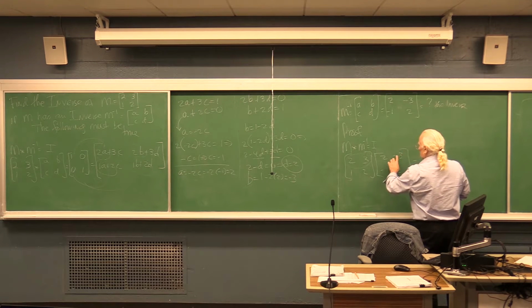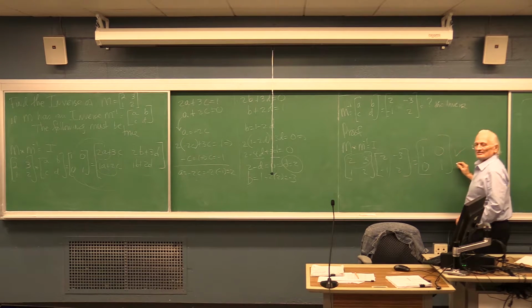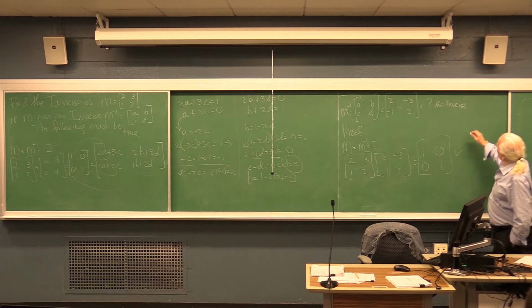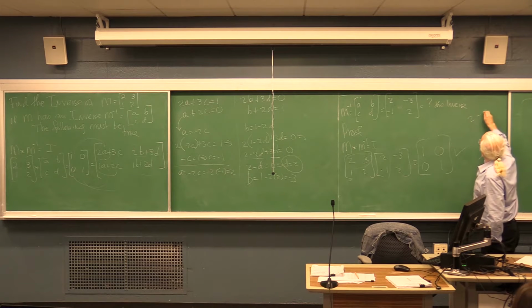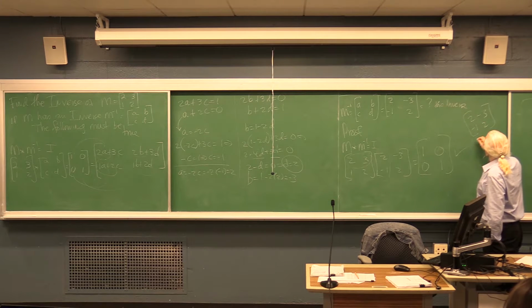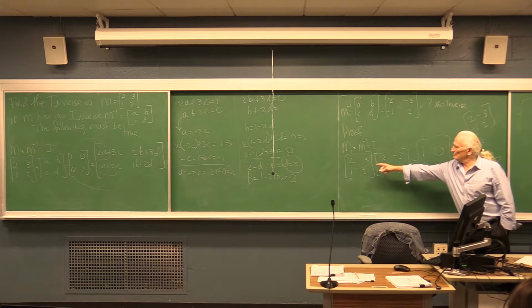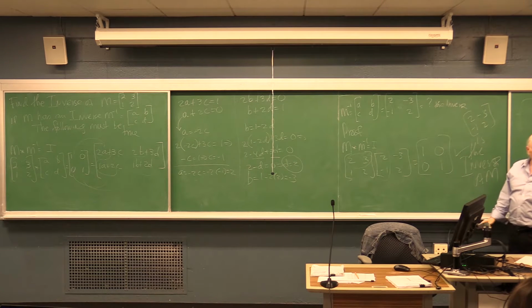Then this times that will be -6 plus 6 or 0. 1, 2 times this will be 2 minus 2, 0. And this times that 3 minus 4 or 1. So then you say 2, -3, -1, 2 is the inverse of m. This is the proof because m times its inverse gives you back the identity as it should.